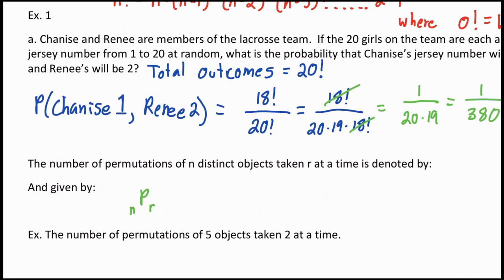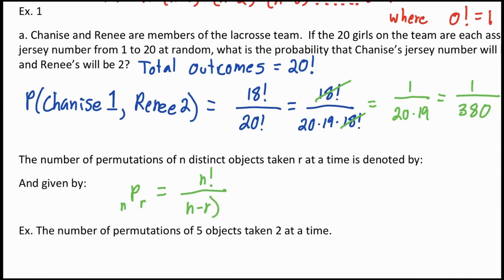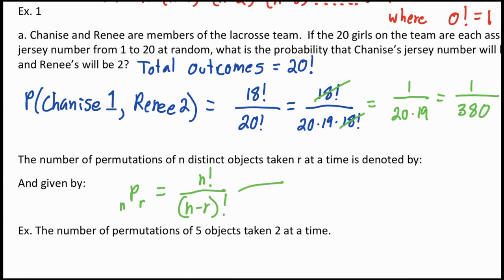Okay. So it's going to be n factorial over n minus r factorial. Now, this is referencing all possible outcomes. This is not probability.